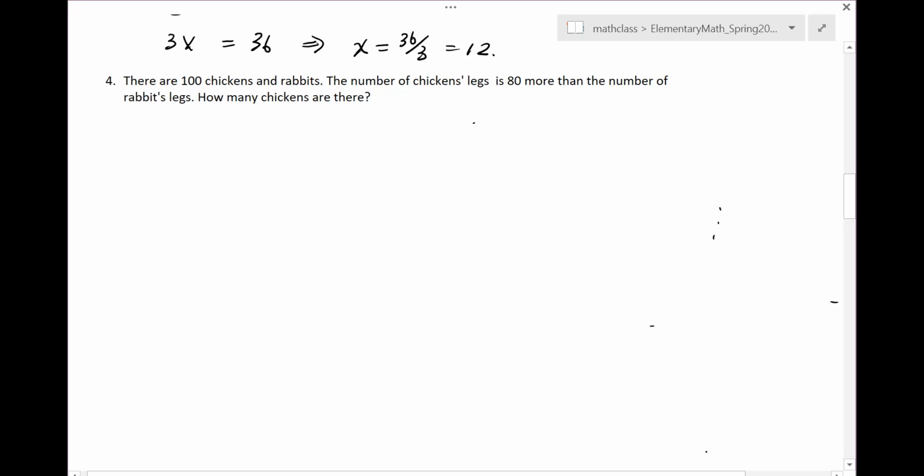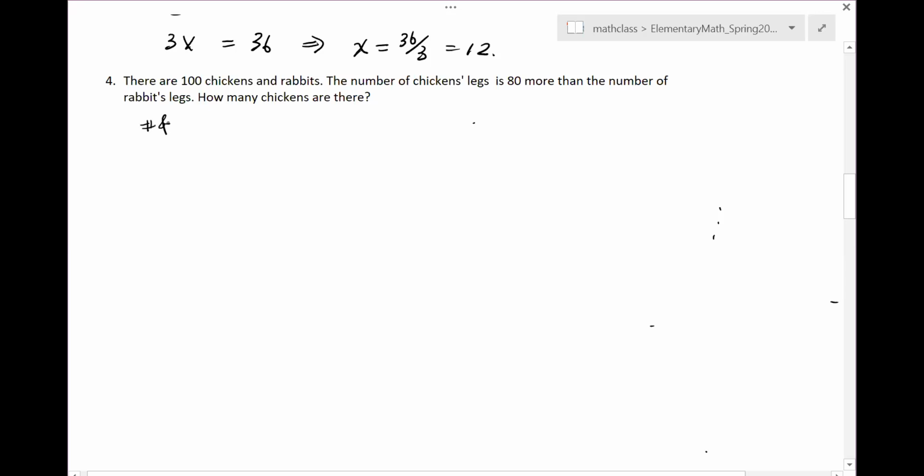You can try and use any methods to solve the problem. Okay. Let's use the first method.